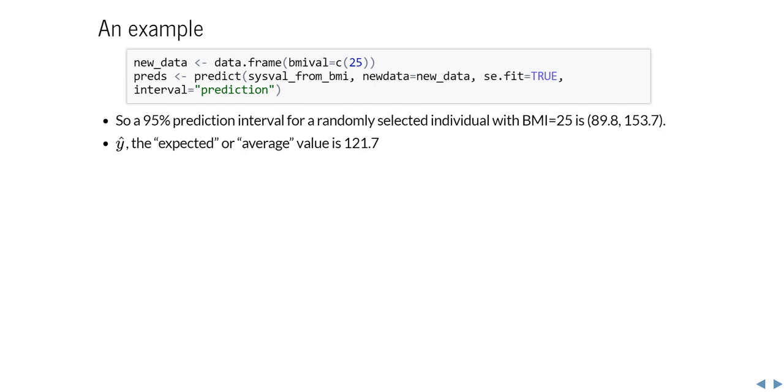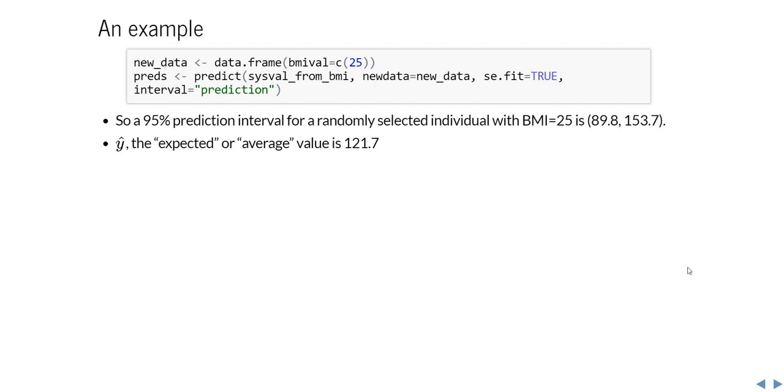So I'm saying if I had an individual with BMI 25, my 95% prediction interval for that individual's systolic blood pressure is 89.8 to 153.7. So that's not an average individual, that's a real live individual. That's my prediction interval.